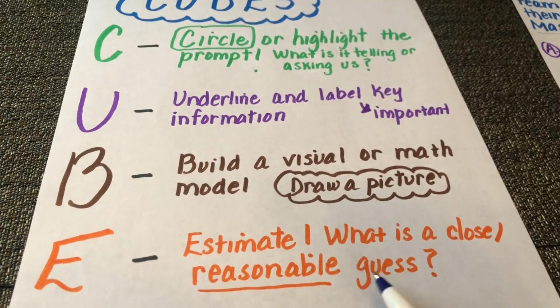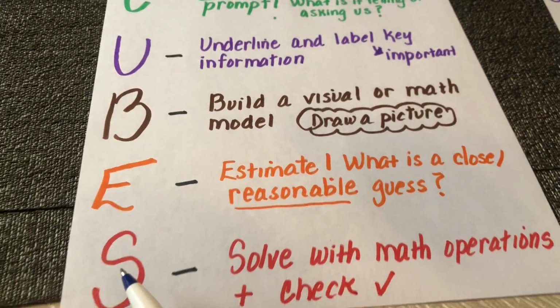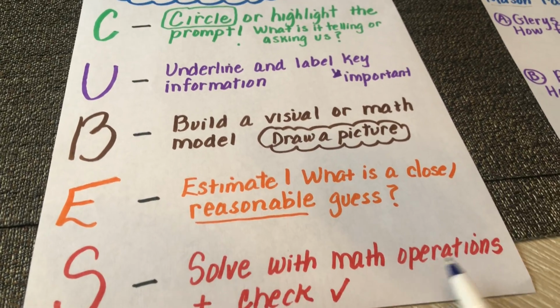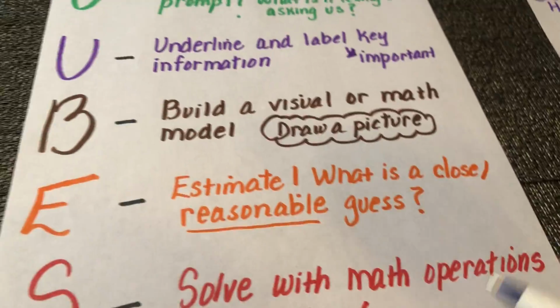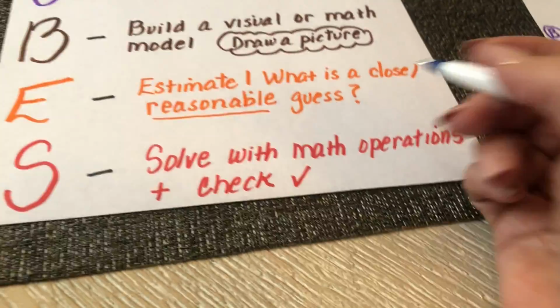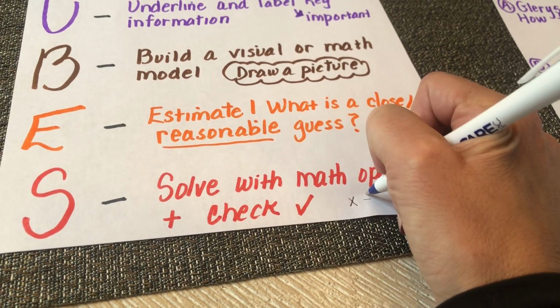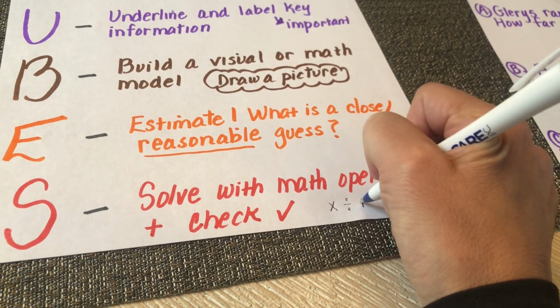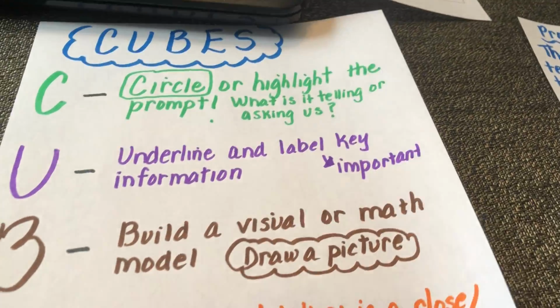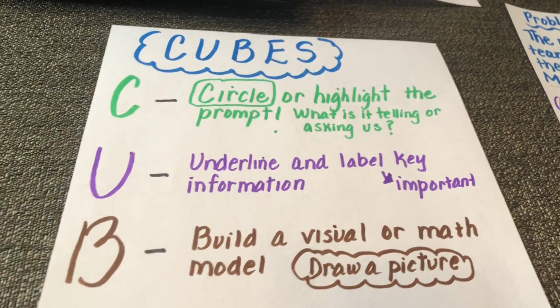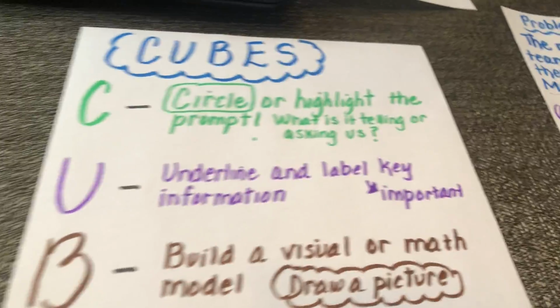What is a close, reasonable guess? And S, solve with math operations. Make sure that you check your work. With the math operations, it could be multiplication, division, adding, or simply subtracting. It all depends on the key vocabulary math terms that are within your question.